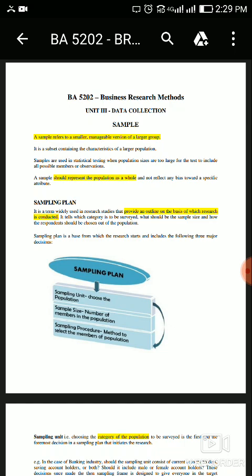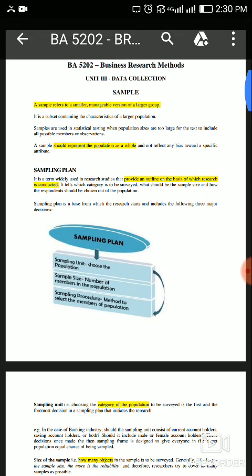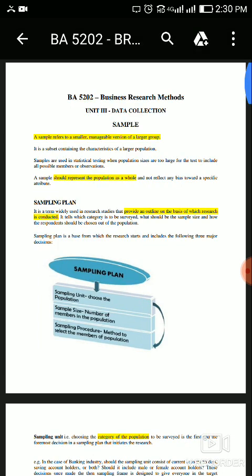For conducting any research, taking the total population as a variable, it is very difficult to perform the study in a particular time period. Not only time, it needs more effort, more time, and more resources will be wasted by taking the total population as a sample. Because of that reason, the researcher prefers to choose a sample.